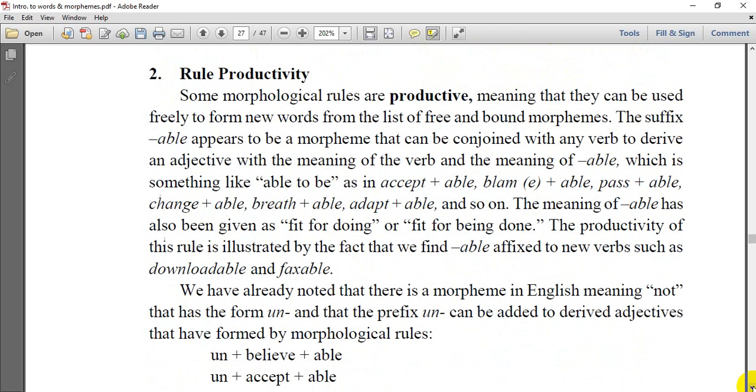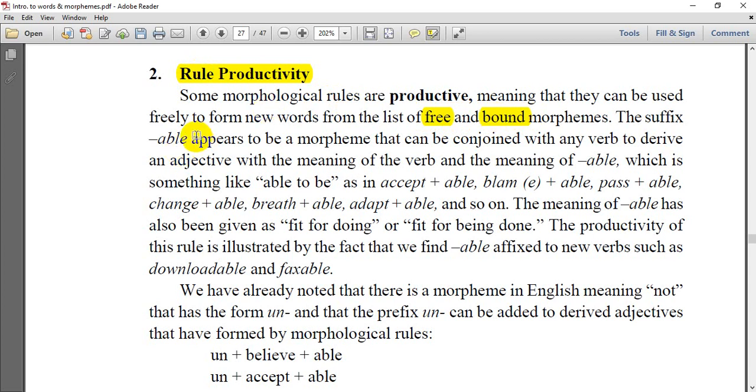Rule productivity: some morphological rules are productive, meaning that they can be used freely to form new words from the list of free and bound morphemes. The types of morpheme we have are free and bound morphemes.